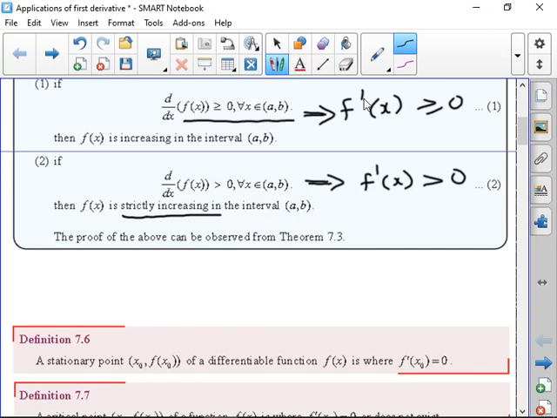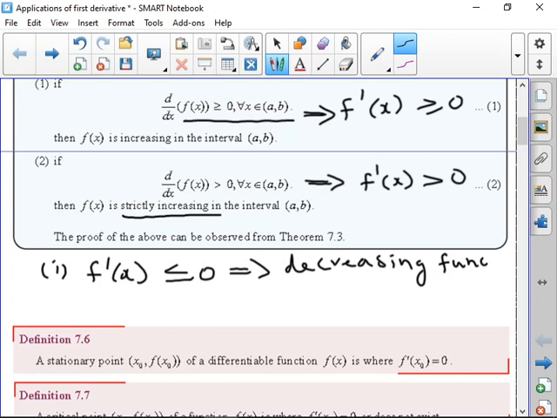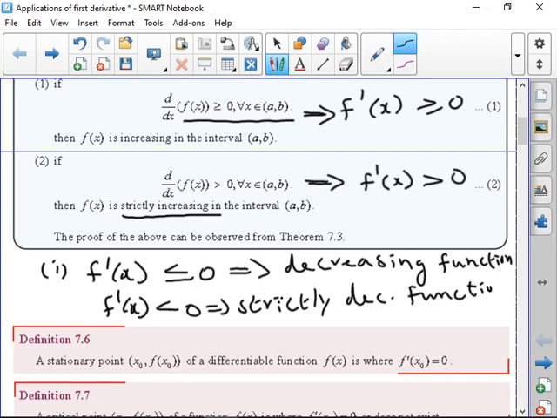If f dash of x is less than or equal to 0, then we say that the function is a decreasing function, and if f dash of x is less than 0, we say that it is a strictly decreasing function. Is it clear, all of you?